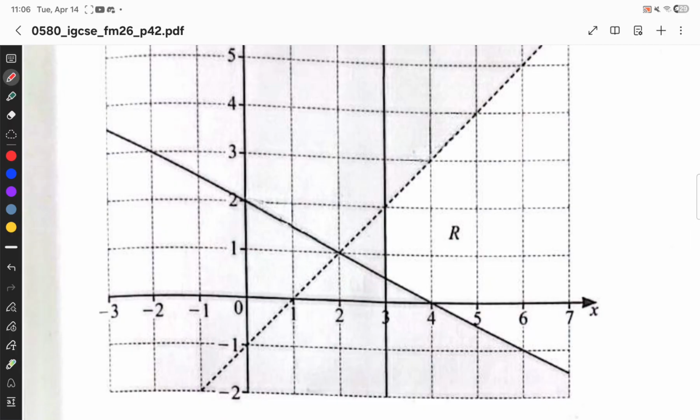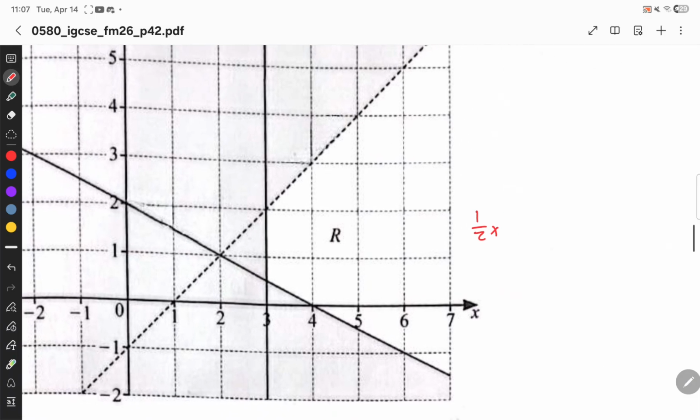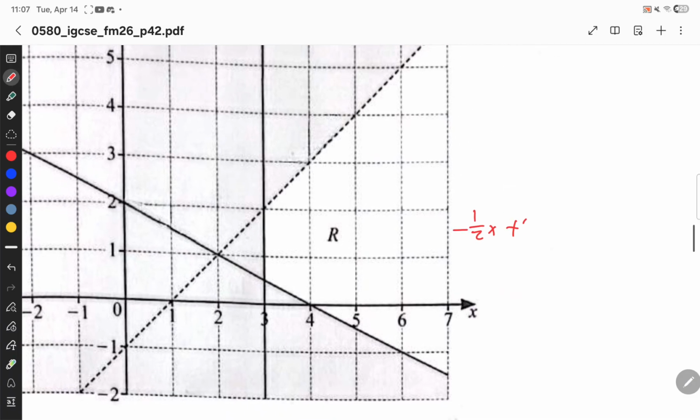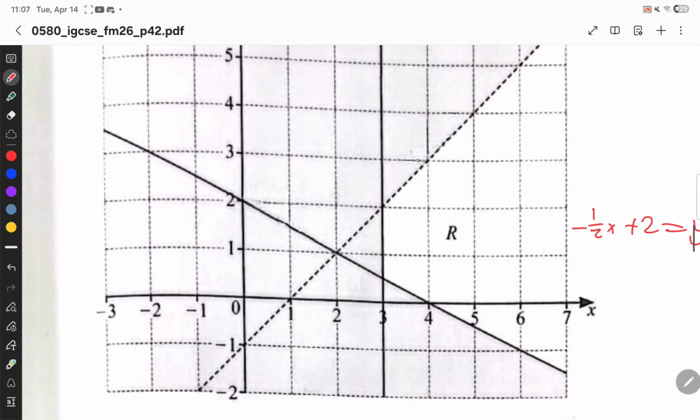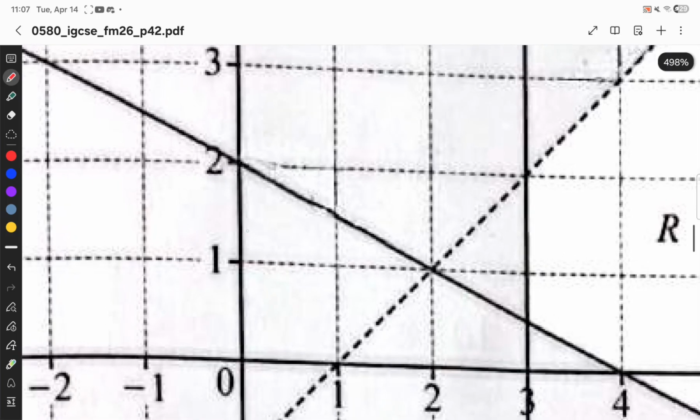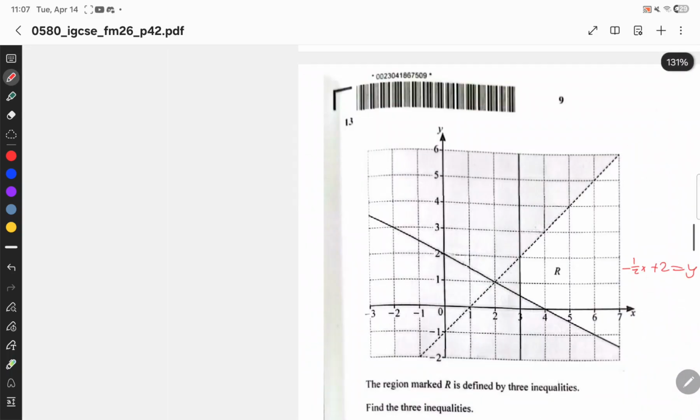Next is this. The equation for this is negative a half x plus 2 is equal to y, because, I don't know, just read my notes and do coordinate geometry. This is a rise of 1, and this is a run of negative 2, because we are going in the opposite direction.